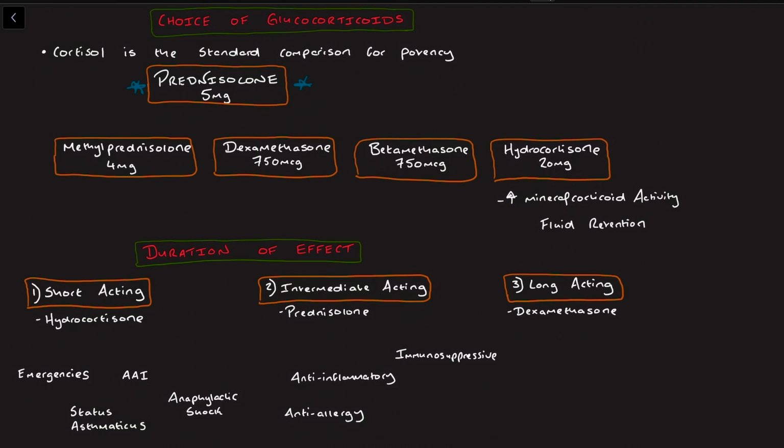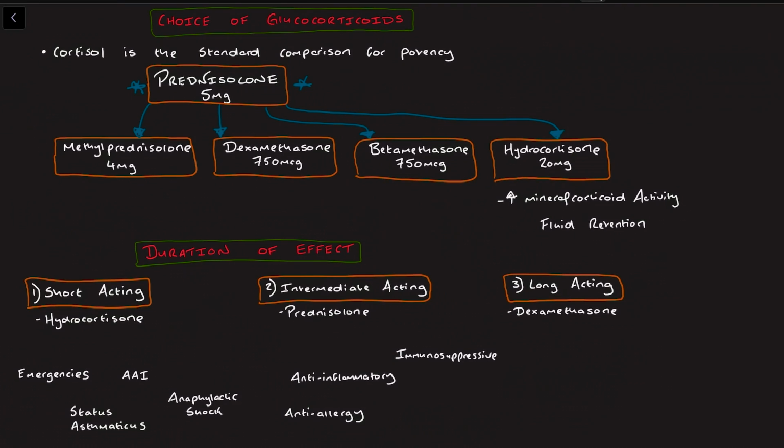For example, methylprednisolone, 4 milligrams is needed to equal the amount. Dexamethasone, 750 micrograms is needed, which makes it highly potent. For betamethasone, again, 750 micrograms is needed, which also makes it highly potent, and hydrocortisone, 20 milligrams is needed.